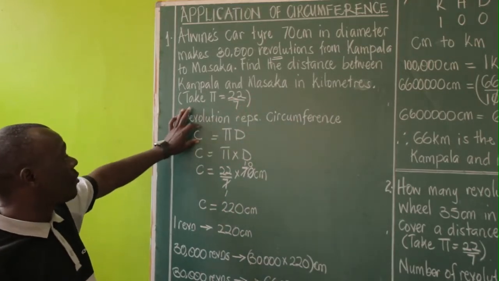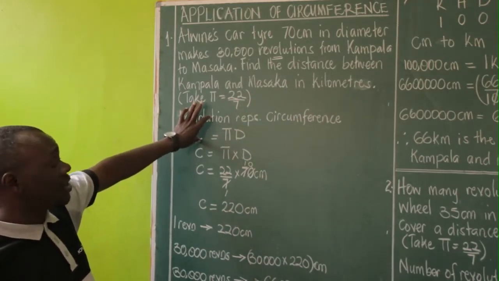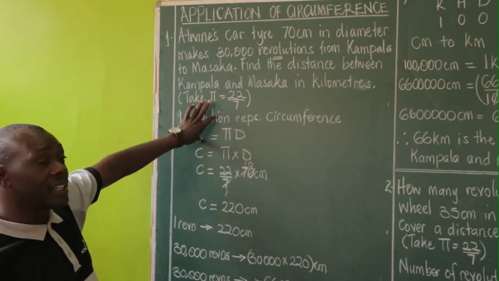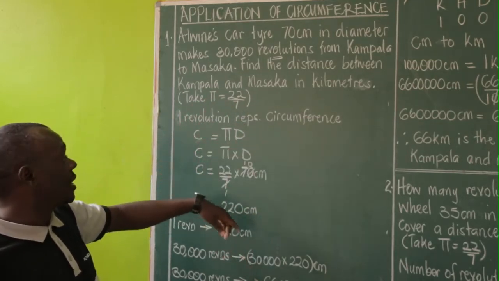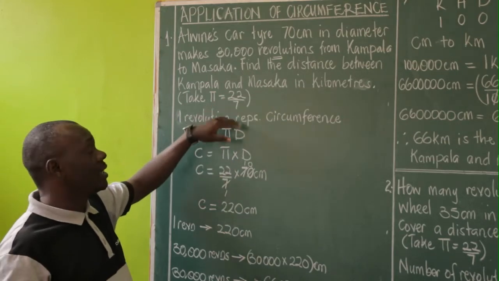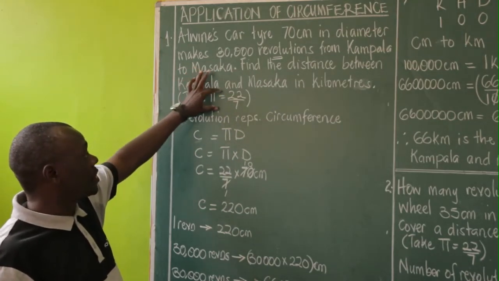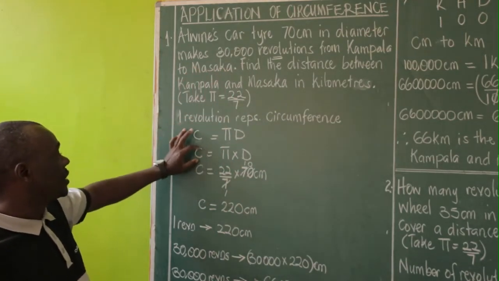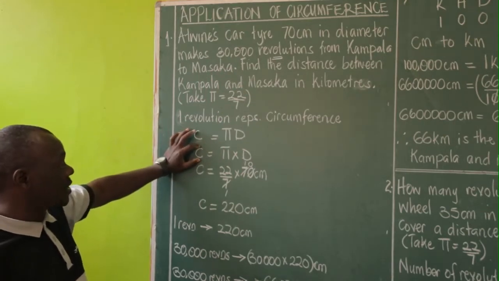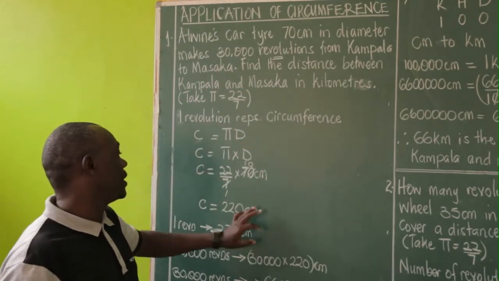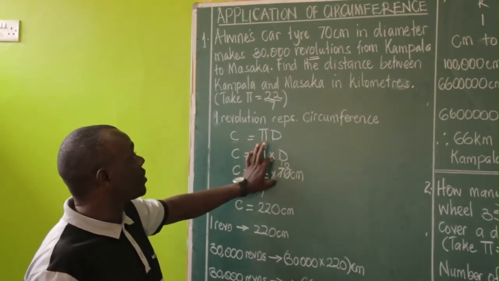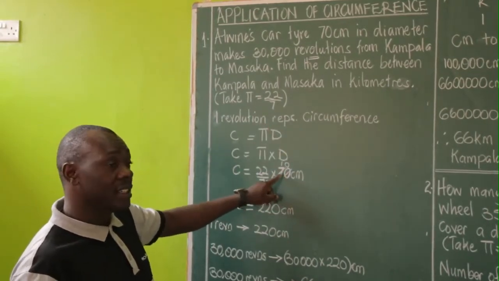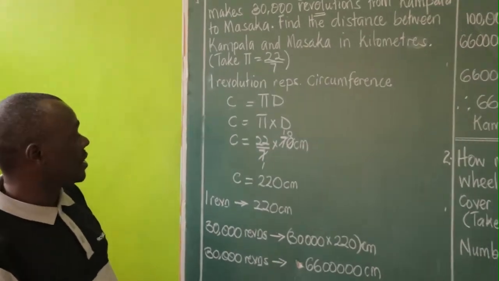And we know circumference given diameter is given by the formula pi d, where d means diameter, and pi has been given to be constant as 22 out of 7. So circumference is equal to pi times d, which is 22 out of 7 times the diameter of that tire, 70 centimeters.